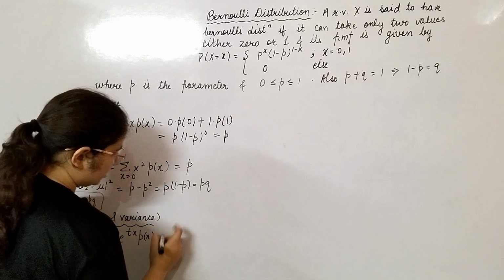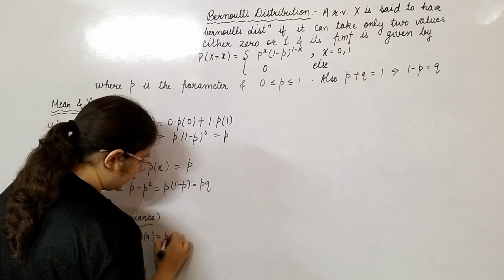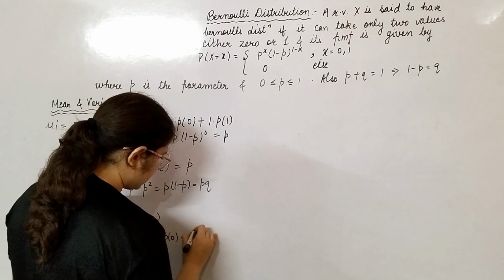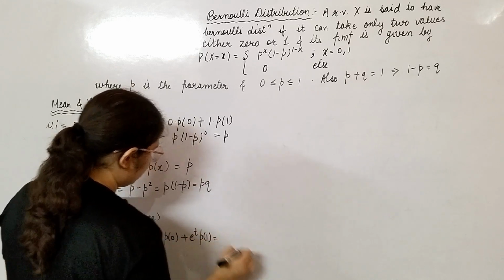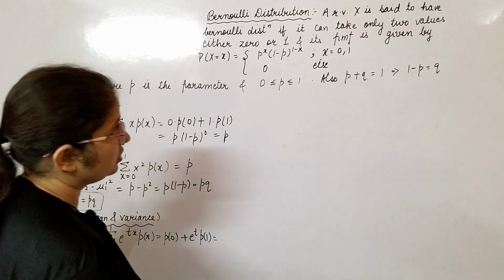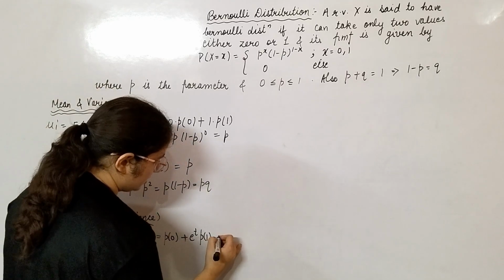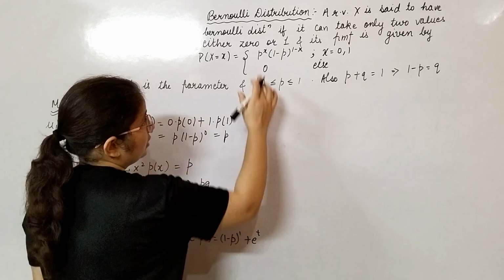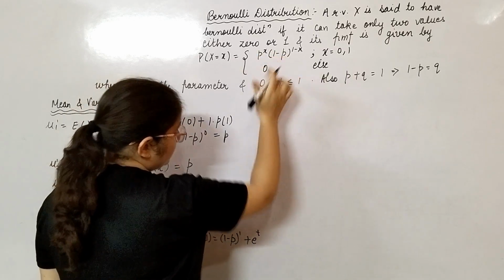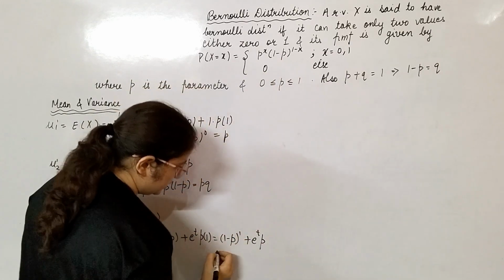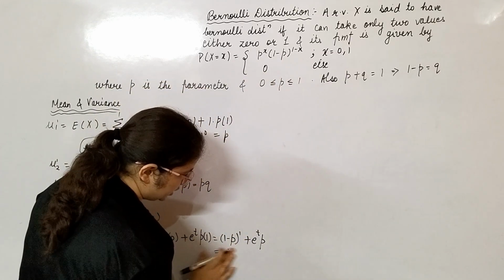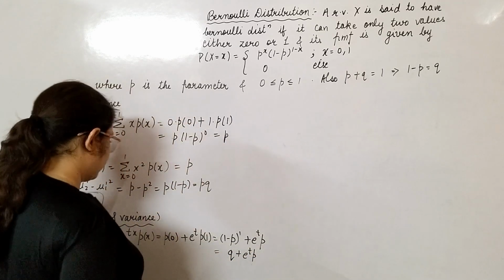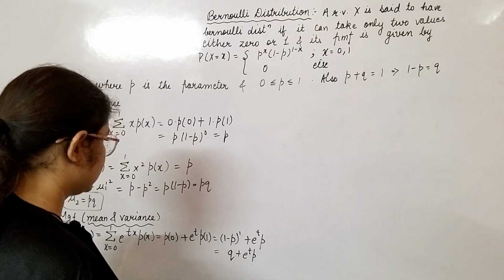It will be e to the power 0, 1 and p of 0 plus e to the power t p of 1. Now p of 0 will be, when you put x as 0, 1 minus p to the power 1, plus e to the power t. अब x is equal to 1 तो p to the power 1, this will be 0 p. It will be 1 minus p which will be q plus e to the power t p. Okay, this is your Mx(t) function.